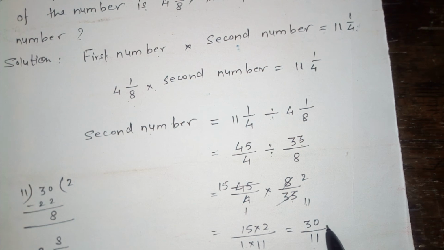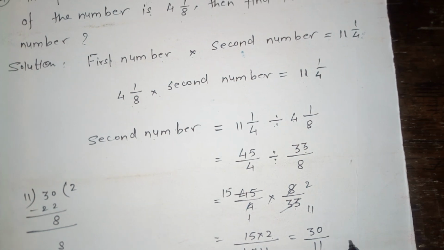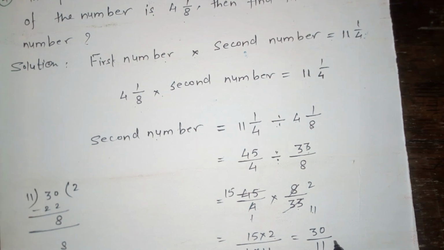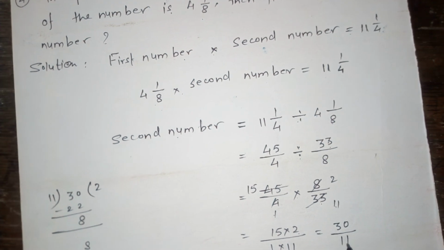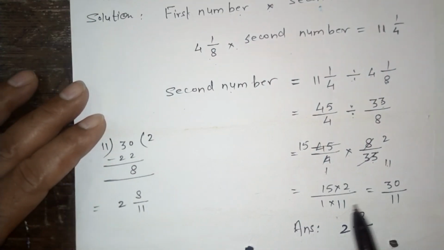This is your required answer, but this answer is incomplete. That's why, 30 upon 11 is an improper fraction, and an improper fraction is converted to a mixed fraction. How? We apply the division procedure.